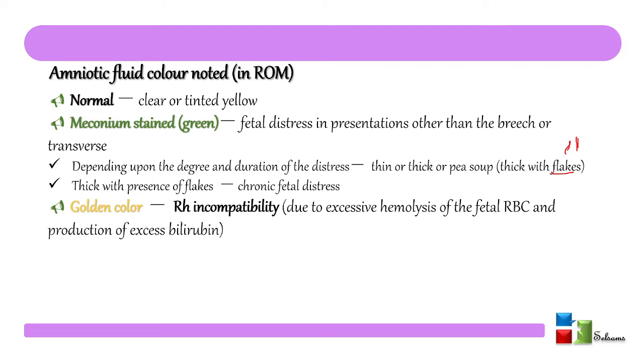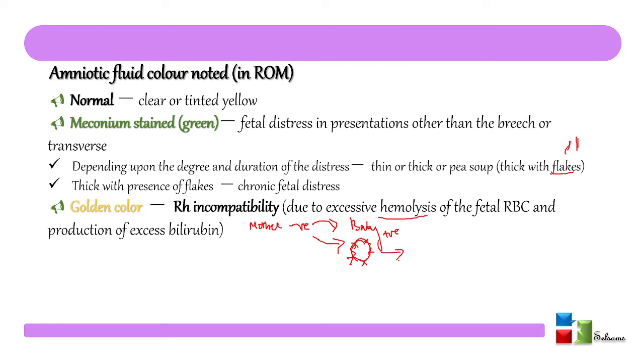Golden yellow color if RH incompatibility. In RH incompatibility, the mother will have negative blood, RH negative, and the baby will have positive blood. So in that case, if it is the first pregnancy, much won't be affected. But in the second pregnancy, the fetal RBC membranes will be broken, and that is called hemolysis.